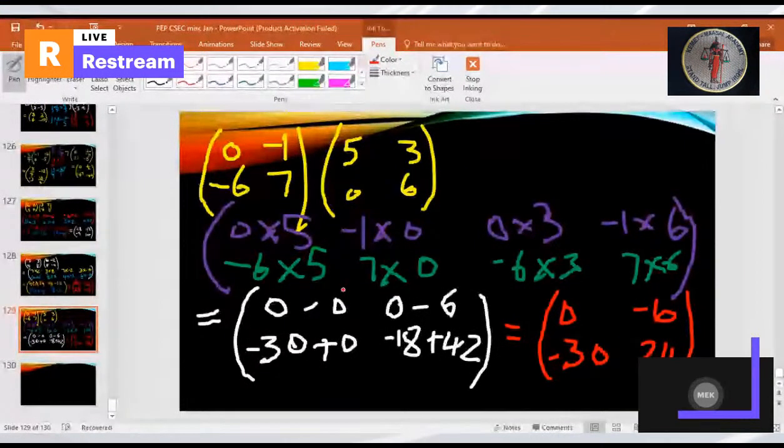What I will show you though is another thing. Remember the last matrices class that we did, we looked at addition and subtraction of matrices.